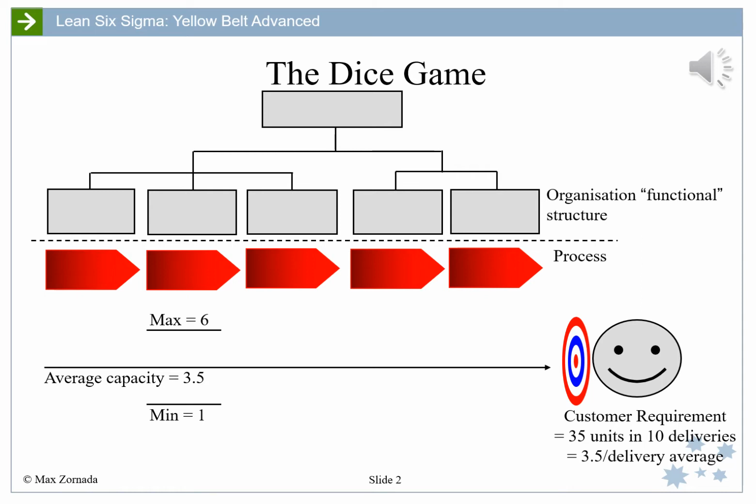So we're going to put a cap on the minimum of at least 1, and at the other end of the spectrum, at other points in time, we have more than average capacity, because we could have people working overtime, we could get in some casuals and temps, and we're going to put an upper limit of 6 on the maximum capacity.